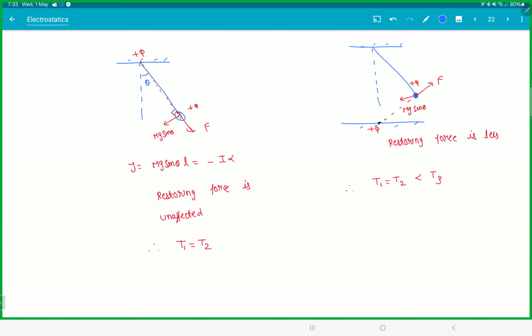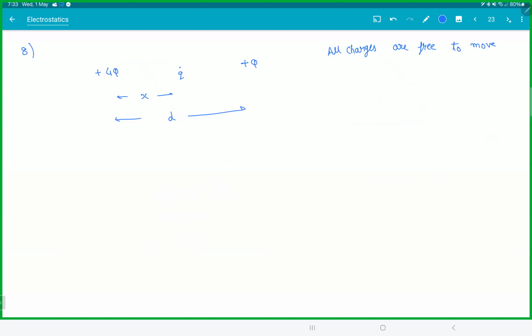Here. Thank you. So the question is, find the value of X and small q if the system is in equilibrium. And I can also ask you, is this stable or unstable equilibrium?